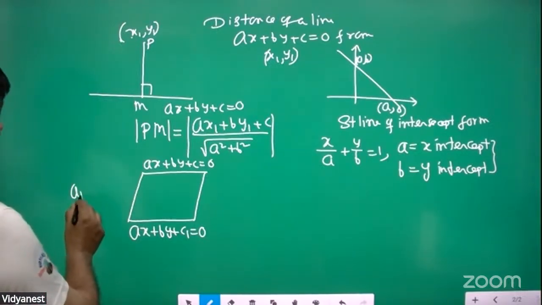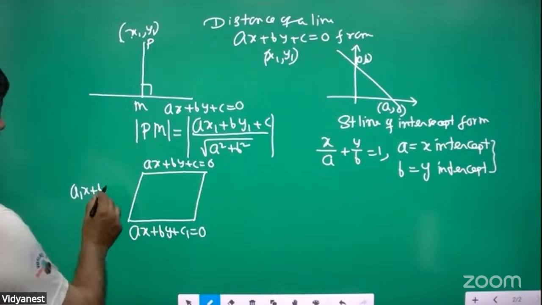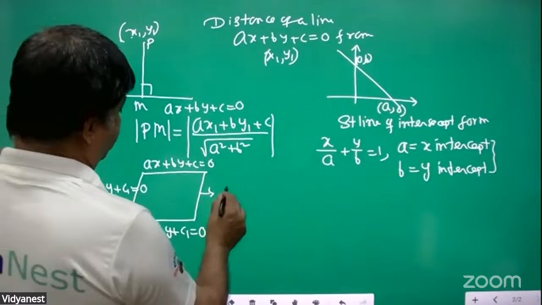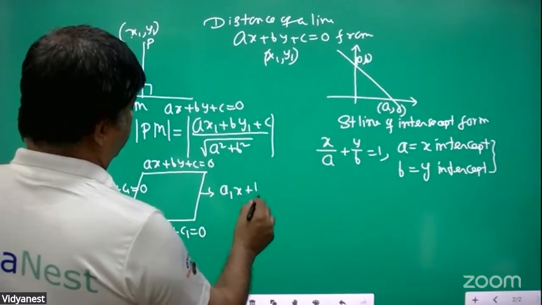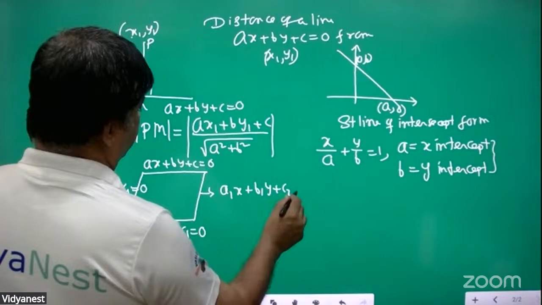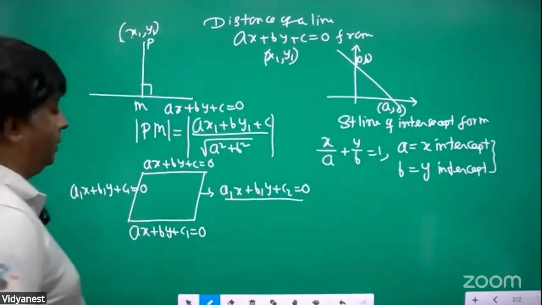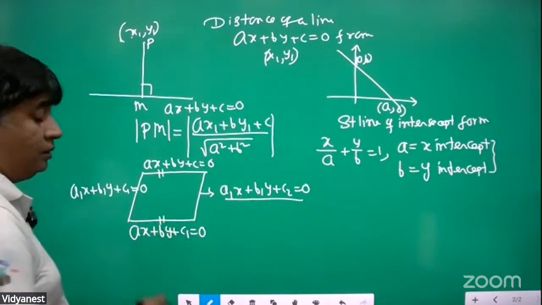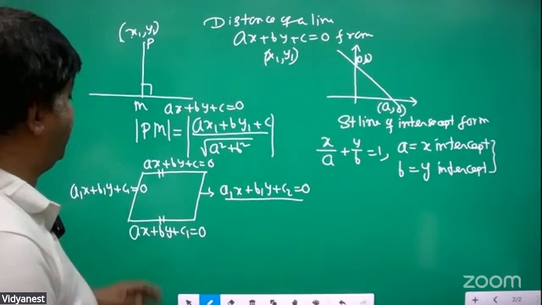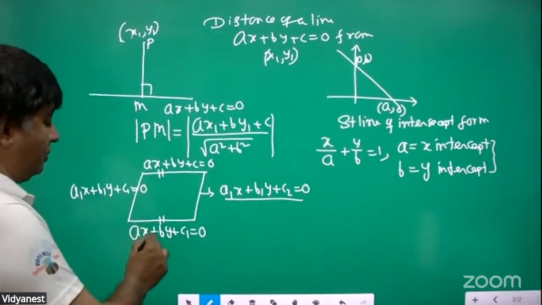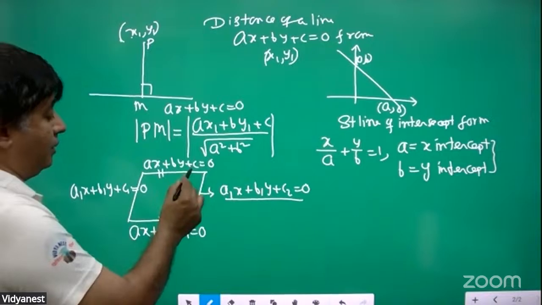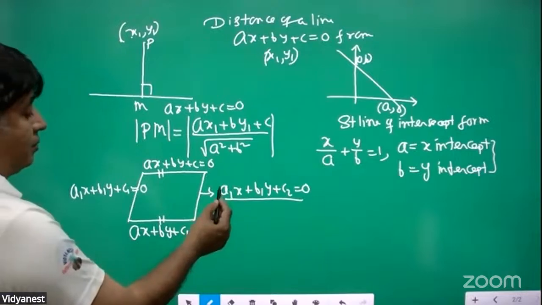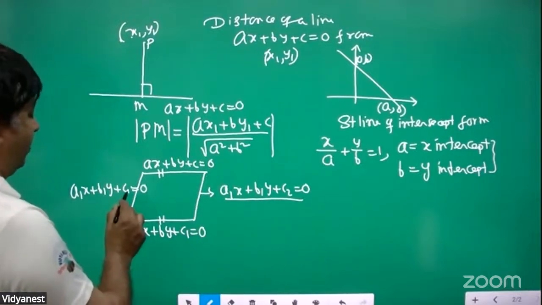This line is parallel to this line. See how to comprehend that these lines are parallel. That also was discussed in the previous class, that x and y's coefficients are same. They are only differed by constant terms c and c1.